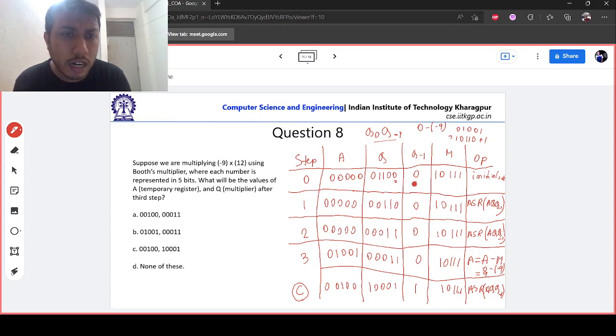At each step you check the value stored in these two. If it is 0 0, if you remember the algorithm in the slides shared for week 7, we simply do the arithmetic shift right of A Q Q minus 1. That is, this total set we do an arithmetic shift right.